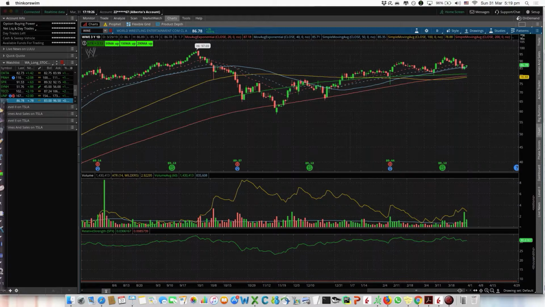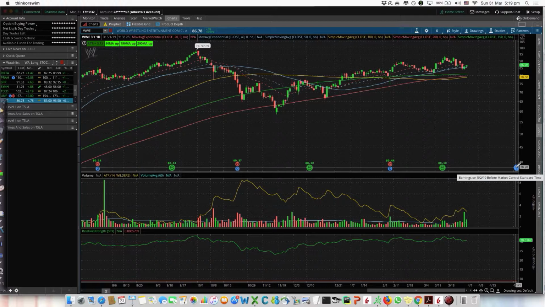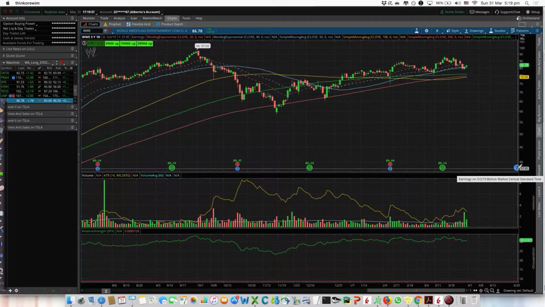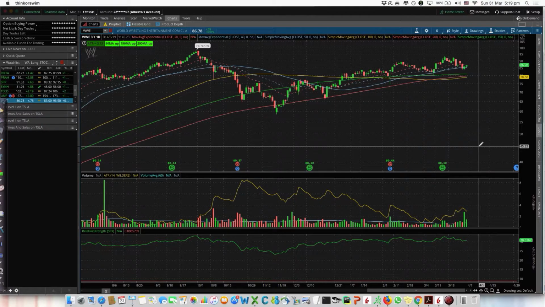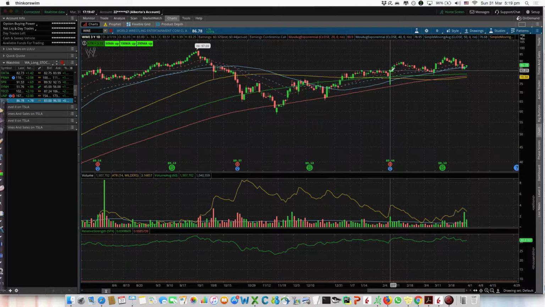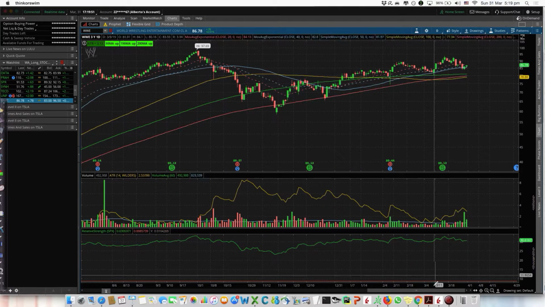And the last thing I will check is about earnings. Where are the next earnings? So you see here in Thinkorswim, they will tell you that they are on the 2nd of May. So usually if the earnings are coming in less than 10 days, I will not take the trade. Because as you have seen here, earnings may be associated with high volatility.